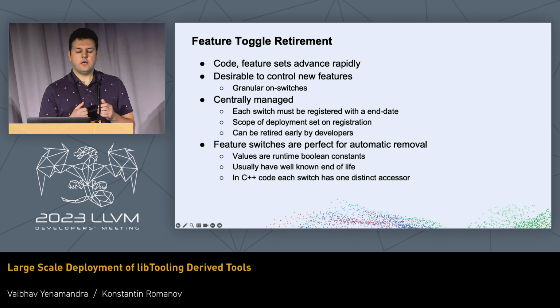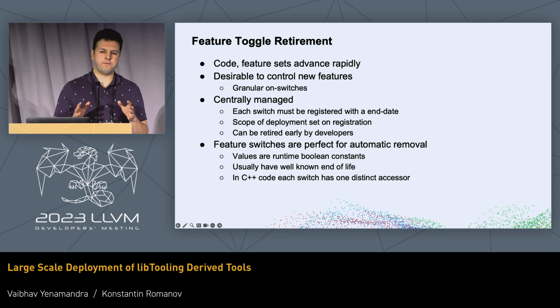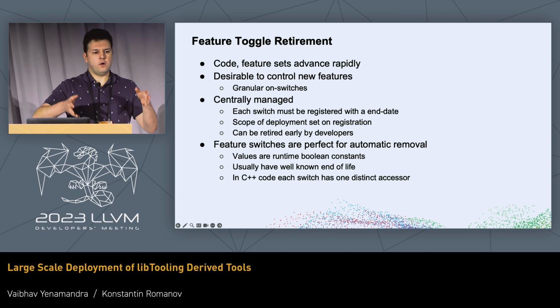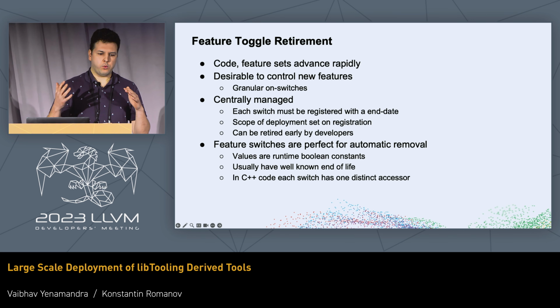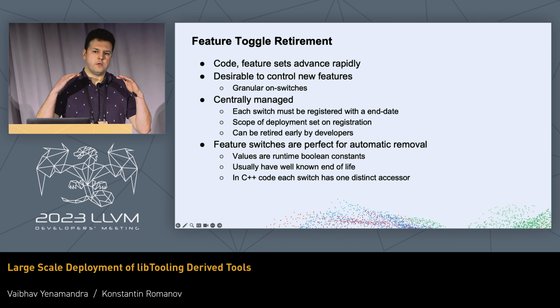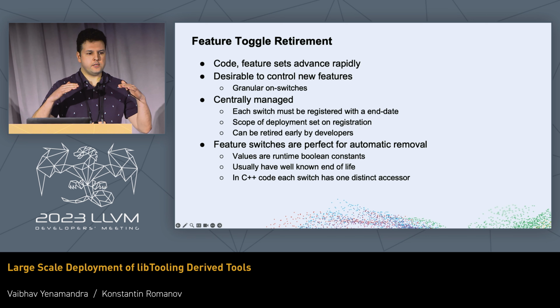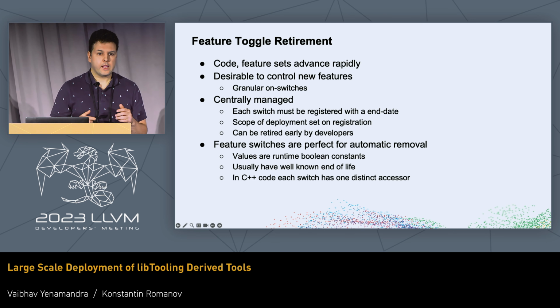For instance, you implement the feature in the binary, compile it, deploy it all the way to prod, and then gradually, maybe within a week or two, enable it on beta, test it there, and then enable it on prod. And if something goes wrong, you want to disable it quickly.